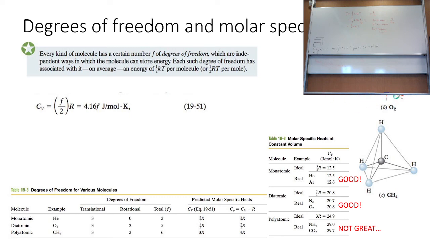And so a diatomic could spin along this axis or maybe this axis, right? But if it spins this way, like this twirling kind of thing, it wouldn't have much energy. So this gives another 2 degrees of freedom. And then for a polyatomic thing, any degree of rotation would also contribute.